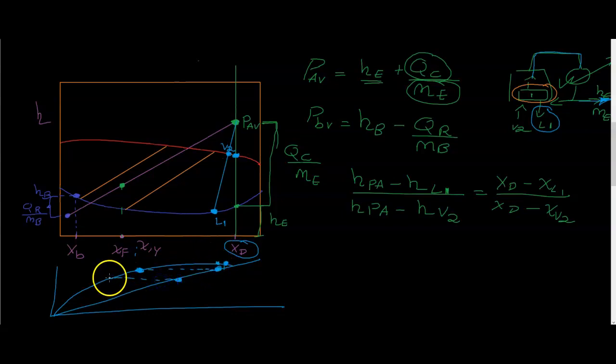And then you read the X composition in equilibrium, because this liquid leaving here and this vapor leaving here are going to be in equilibrium with each other, right? And then after that, you go up and you're going to know L2. And so on and so forth.